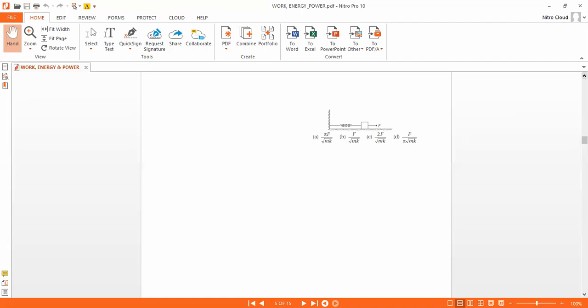Whenever we are applying the force, you can see here, the block will move, and at the same time the spring will also move.